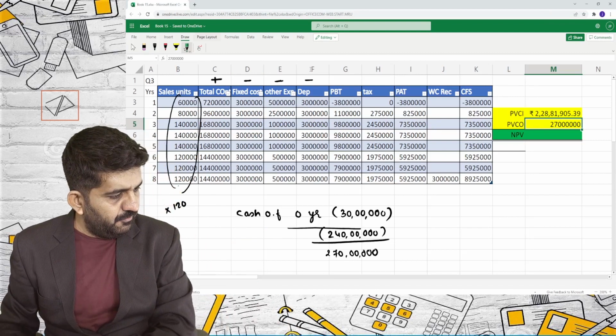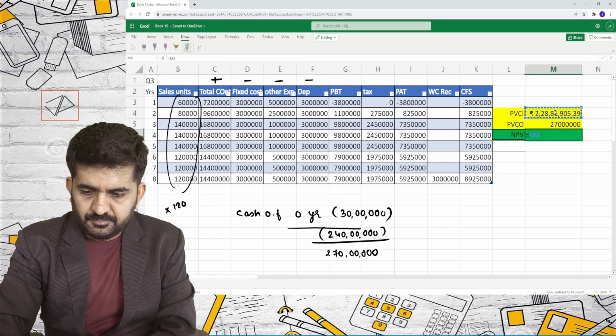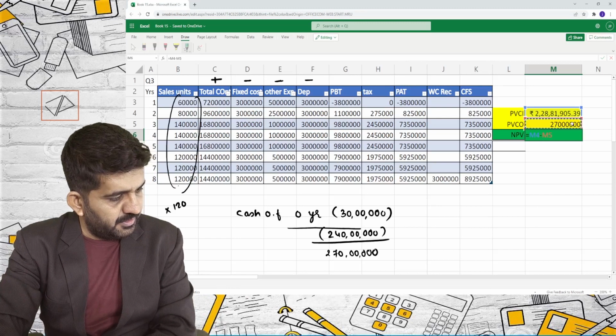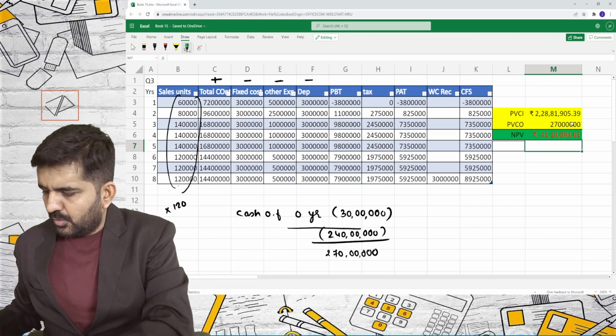My NPV will hence be this minus this, which is minus 40.